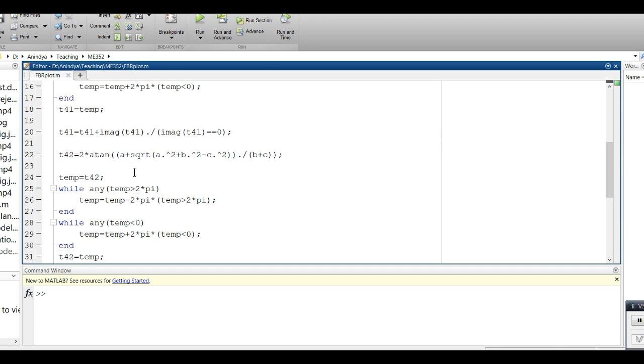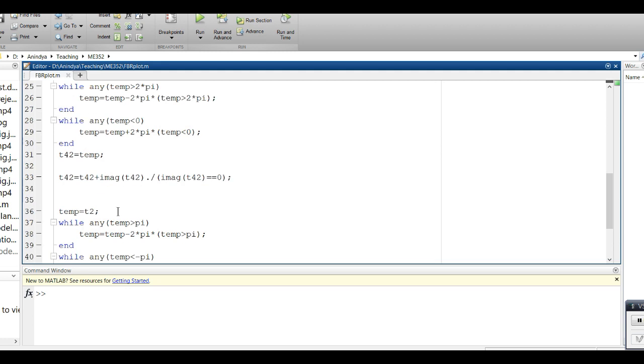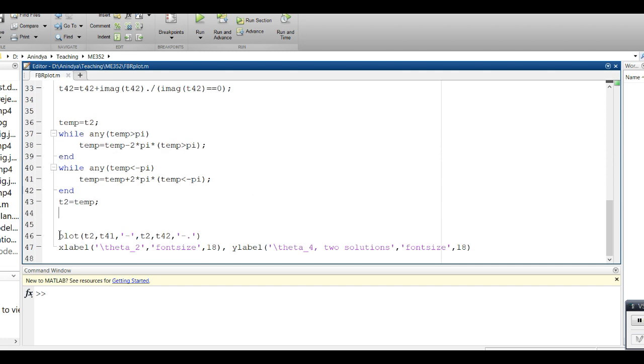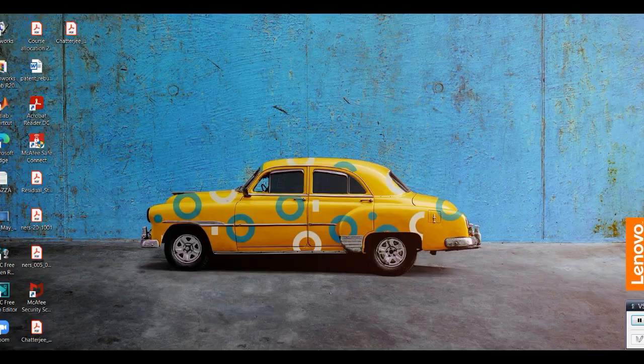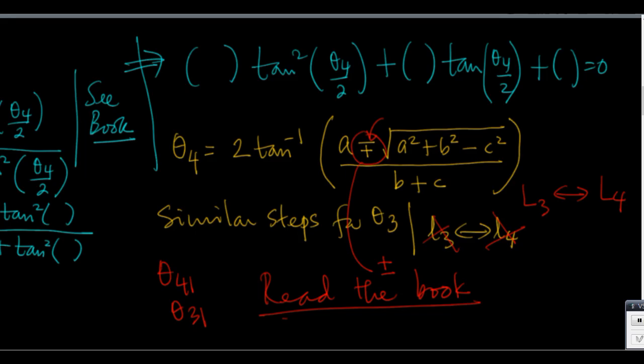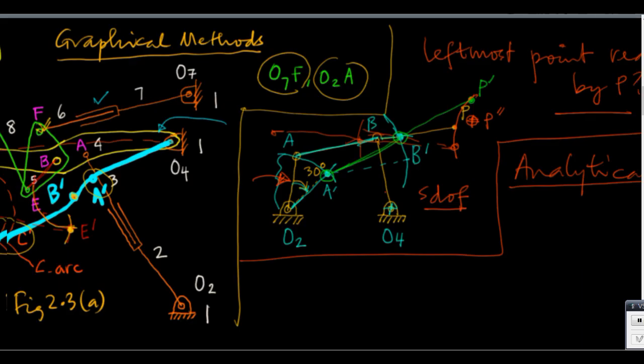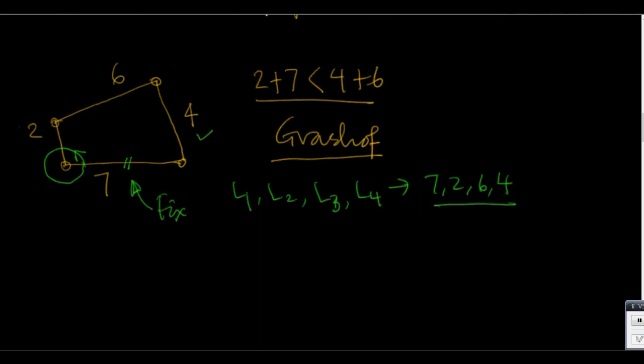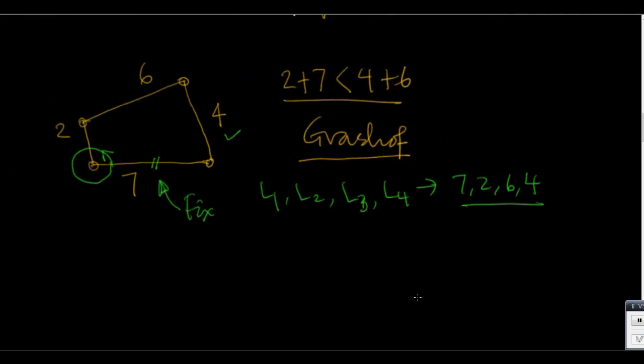Remember I have a crank rocker. Why do I have 2 solutions? Similarly, there is some other code here, don't pay attention, we are just plotting. So let's go back. We have a crank rocker. Remember that there are actually 2 modes of assembly.